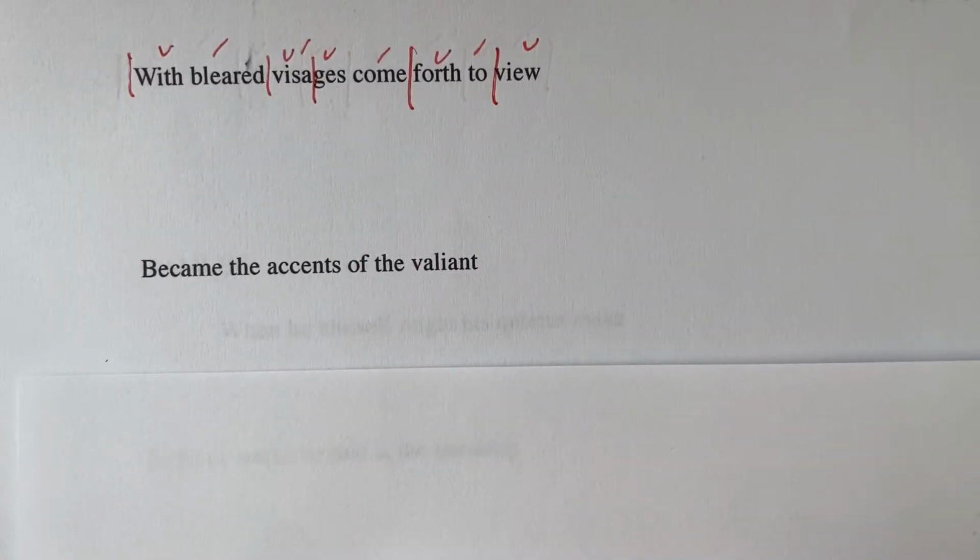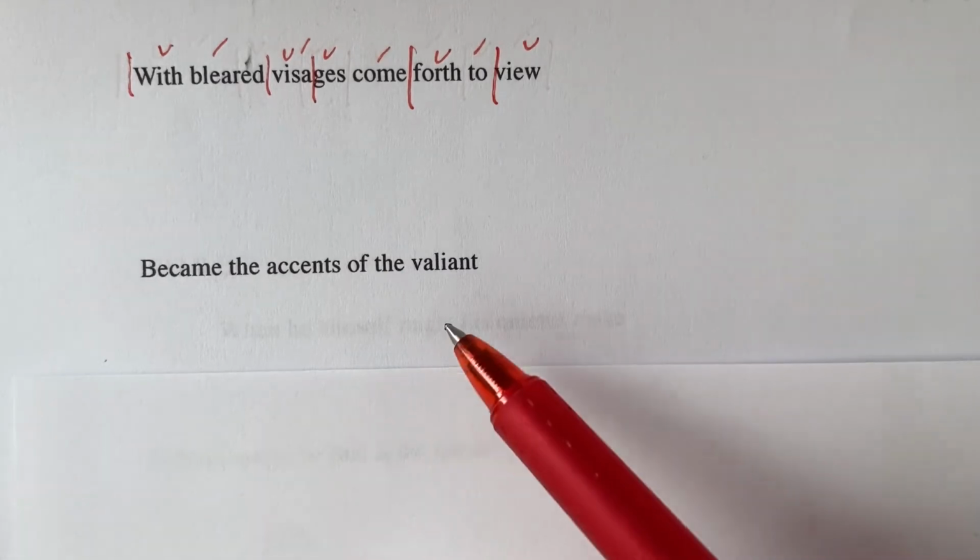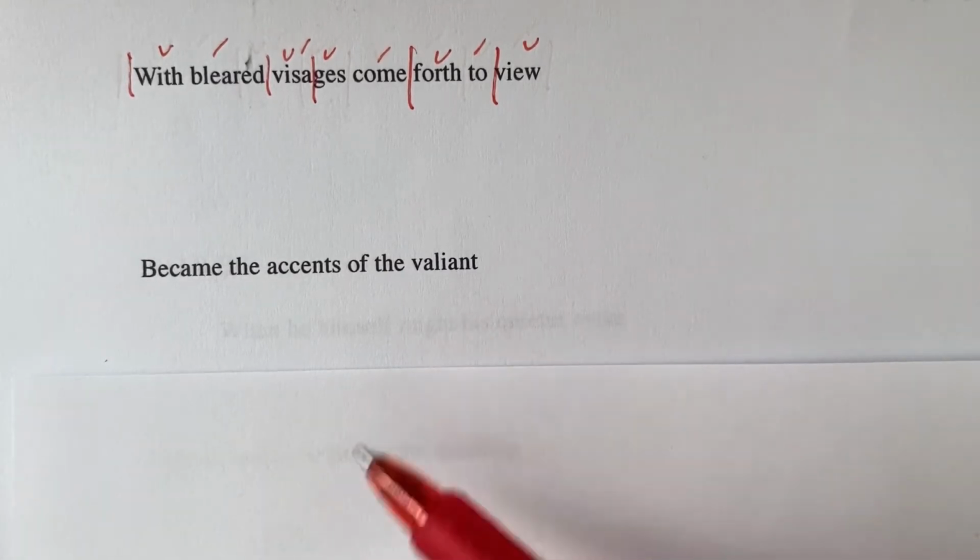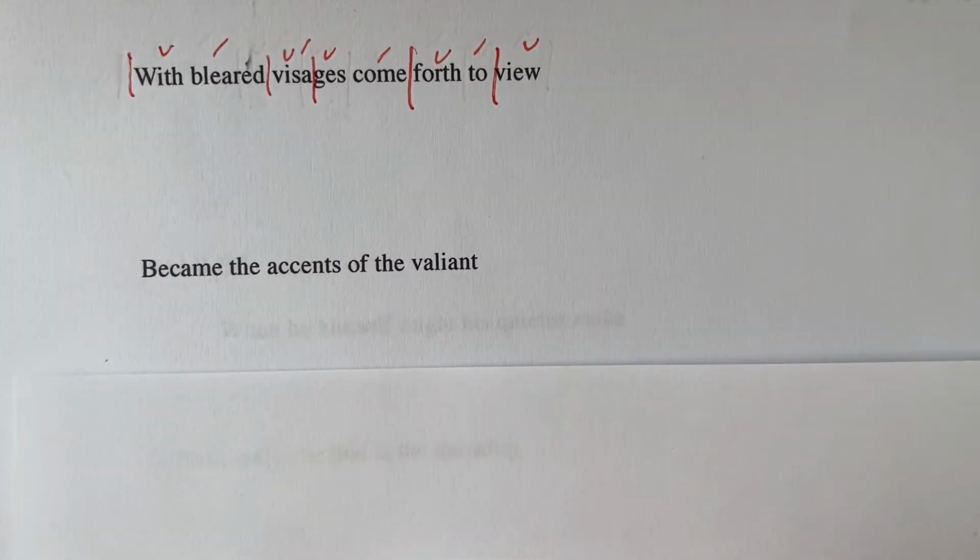So we can look at the same thing with this line from Henry IV. The same way we contracted the repetitive vowel sounds in the word envious, we can do the same thing by expanding them in this word valiant, right? If we were to say this in normal modern American English, we would say "became the accents of the valiant," right?